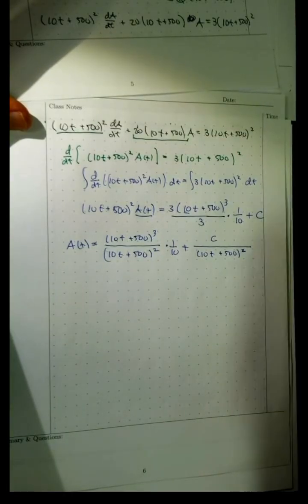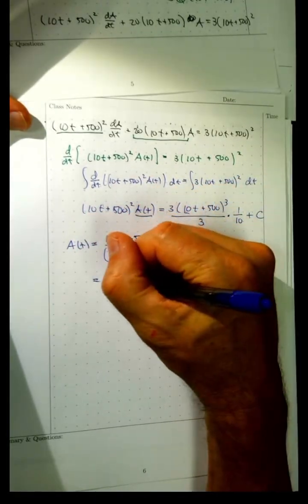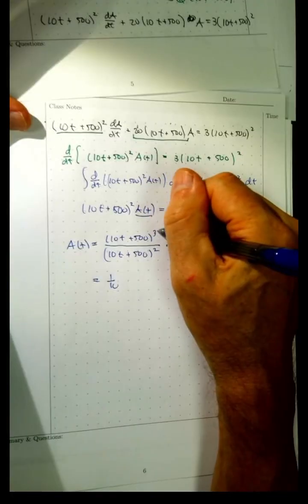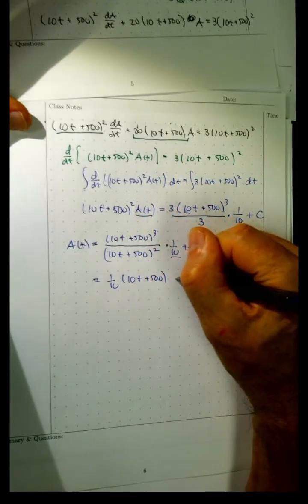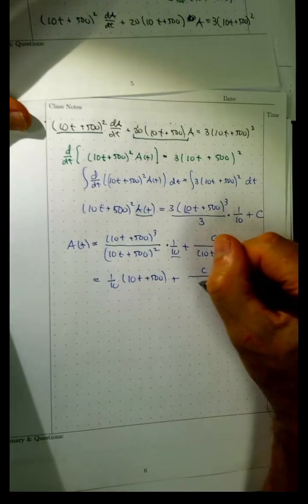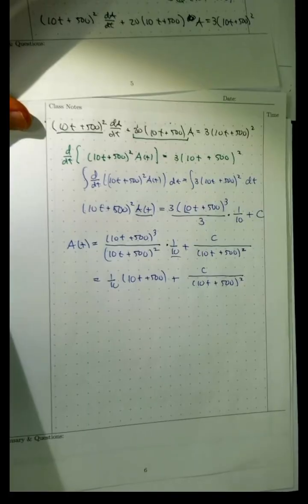All right. Let me clean that up. So this is going to be 1/10 from here. All these cancel except for 1. And then this, nothing changes.